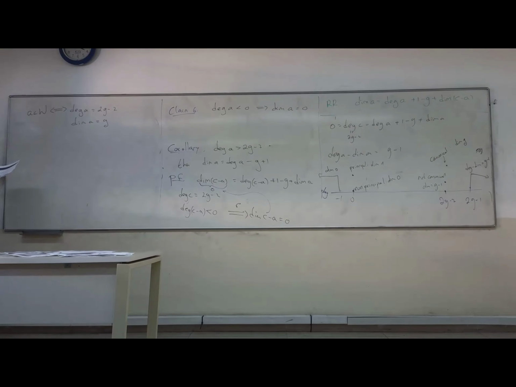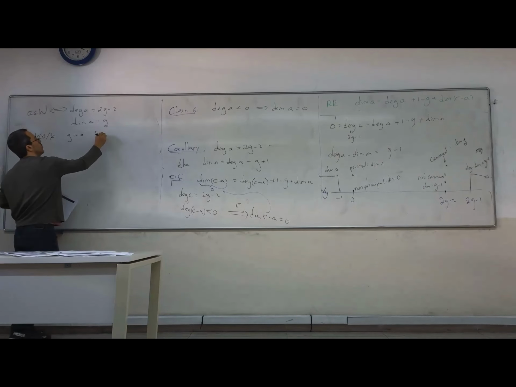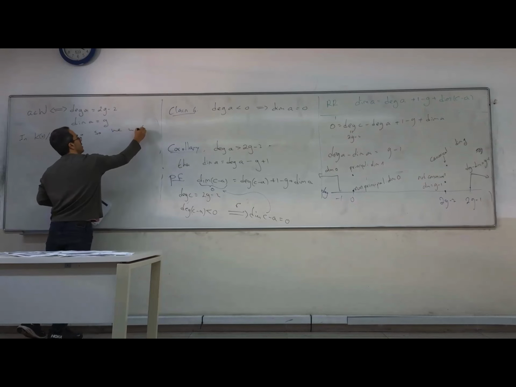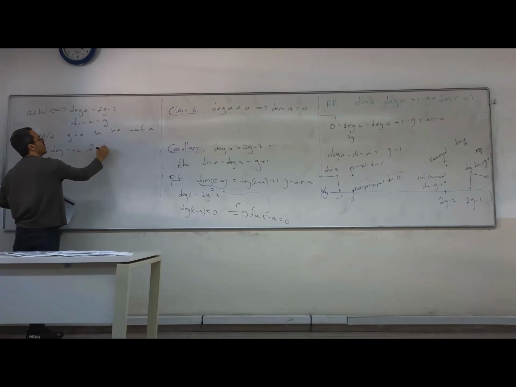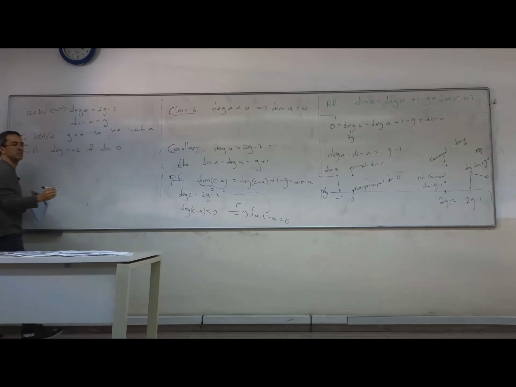Generally speaking. So in kx, like in the function field kx over k, rational function field G is 0. So we want A with degree minus 2 and dimension 0. Right? Just plug in G equals 0.